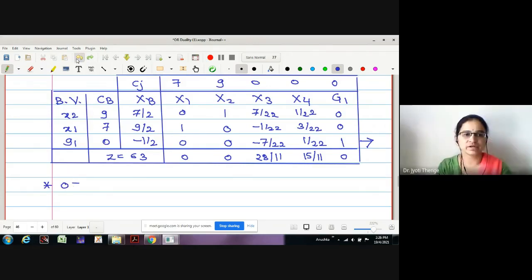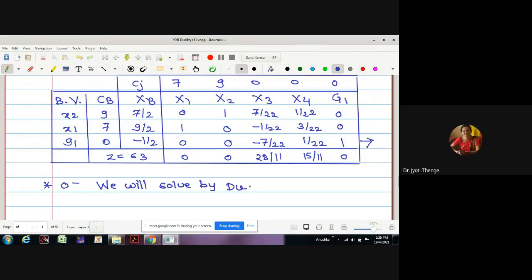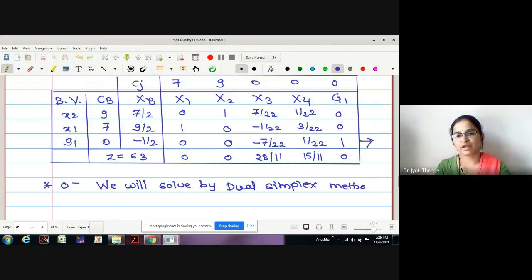We will write: solve by the dual simplex method.